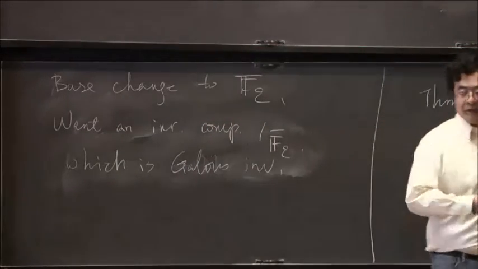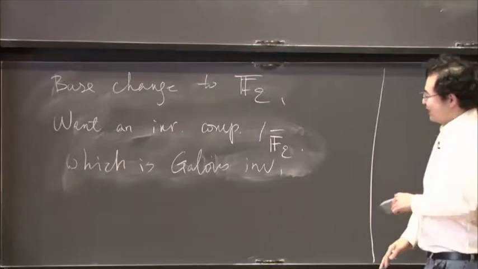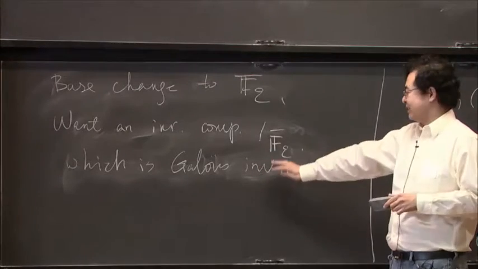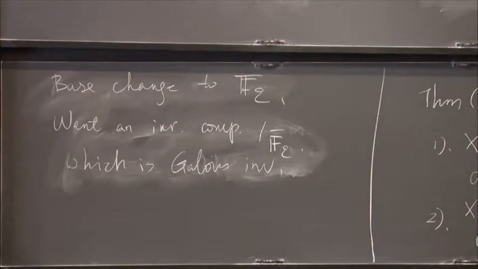So how do you do this? Well, maybe the first thing you want to ask yourself is whether there is actually any section over this F_q bar. You don't want to work with an empty space. And indeed, there are sections.